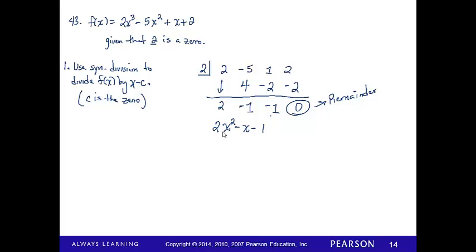So 2 is a 0, and then you have this new polynomial, and now you need to factor him. Your choices for factoring him is to do it by hand, if it's possible, or to use the quadratic formula. Let me remind you of the quadratic formula: negative b plus or minus the square root of b squared minus 4ac, all divided by 2a.